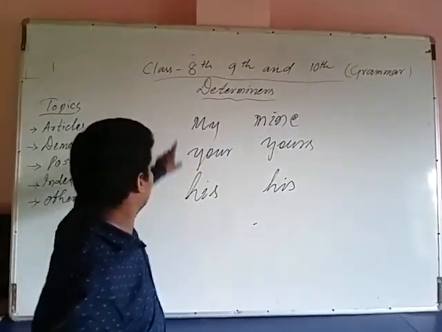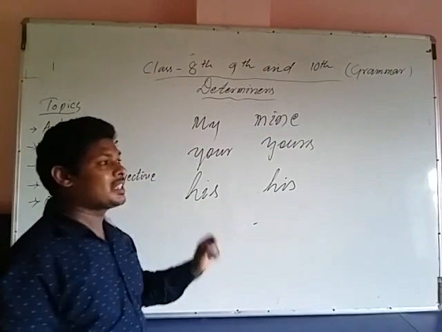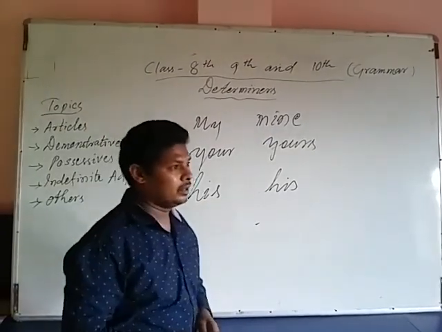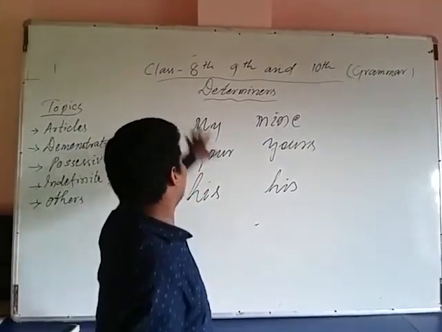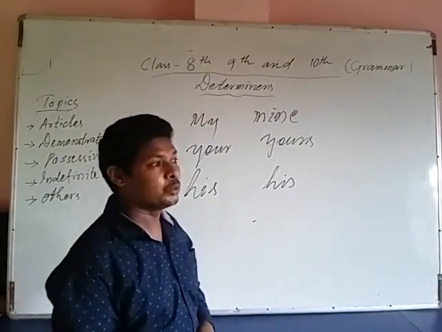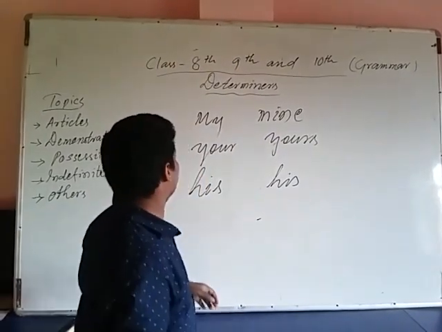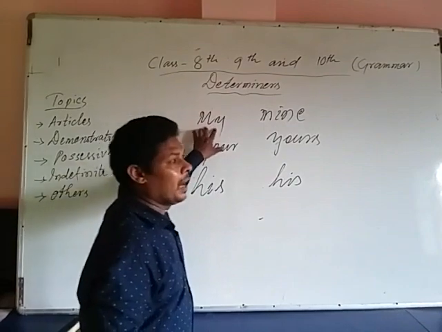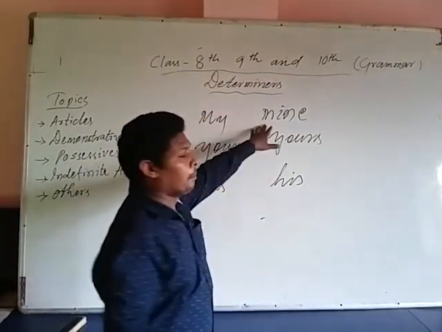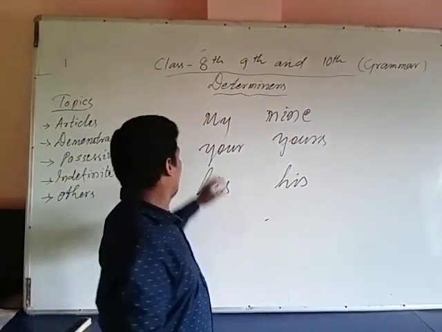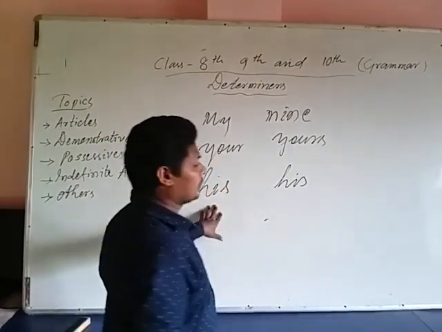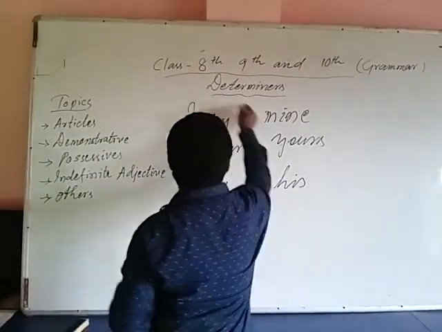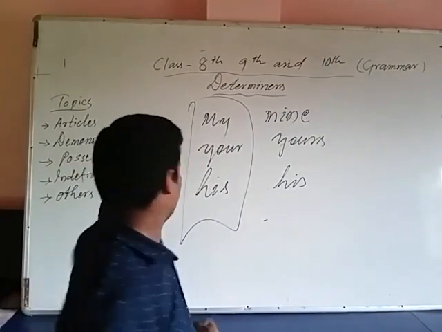These words are possessive words. These possessive pronouns also can be used as determiners in the sentence, such as my book, mine, your, his. All these words can be used as determiners in sentences.